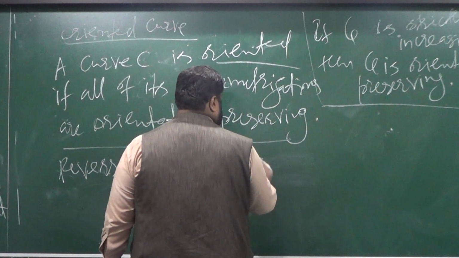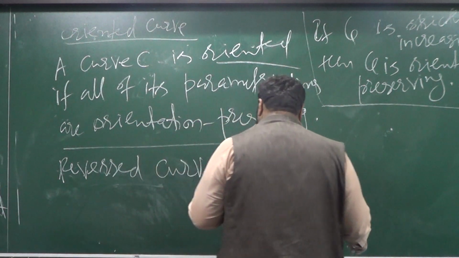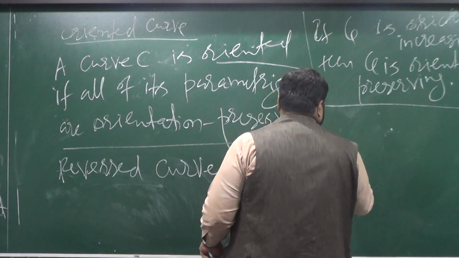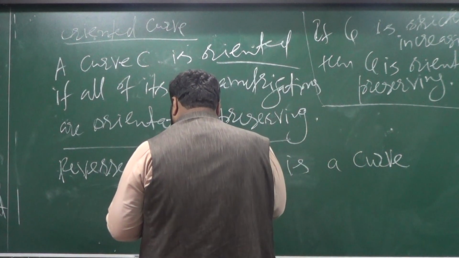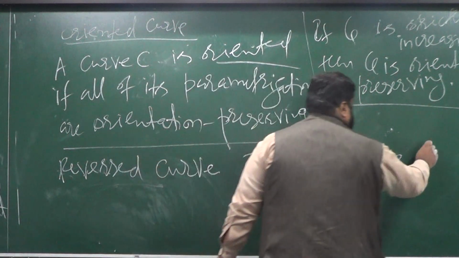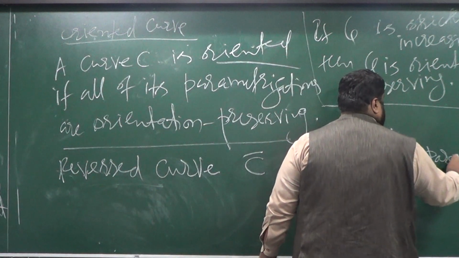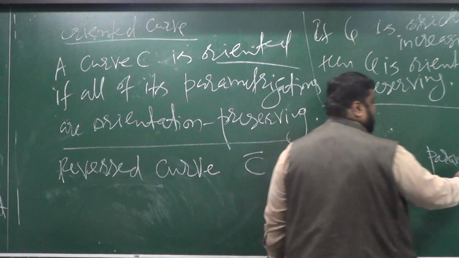The reverse curve C bar is a curve parameterized by P bar. How are you going to find the parameterization of a reverse curve?